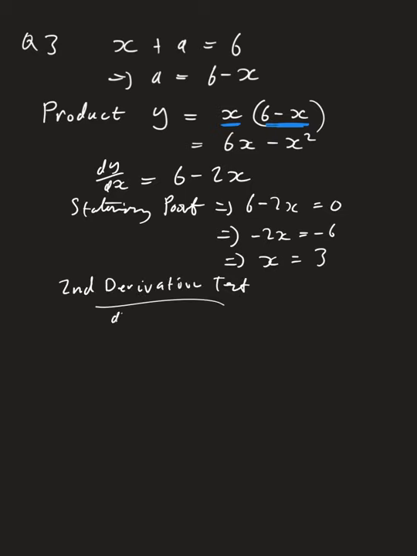The second derivative, d2y/dx squared, is the derivative of the first derivative, and it's minus 2. So that's less than 0. So the second derivative is negative everywhere, so it must be negative at my stationary point. So that means that x is equal to 3 is a local maximum.